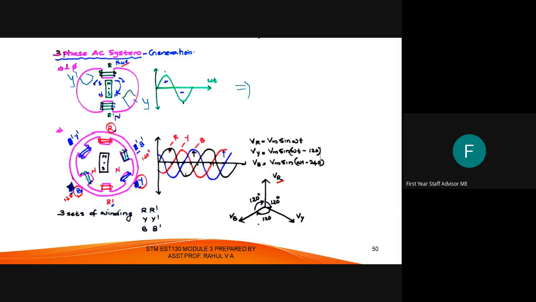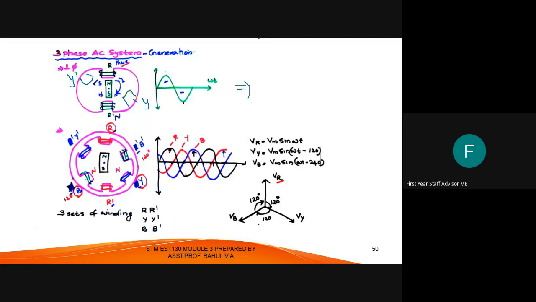As I said earlier, when the north pole comes closer to the R winding, maximum EMF is induced in the R winding. At the same time, the north pole has not come near the Y winding, so the EMF induced in the Y winding will be lesser.